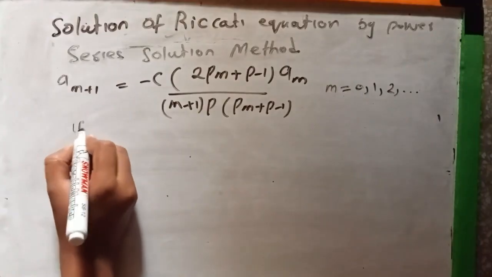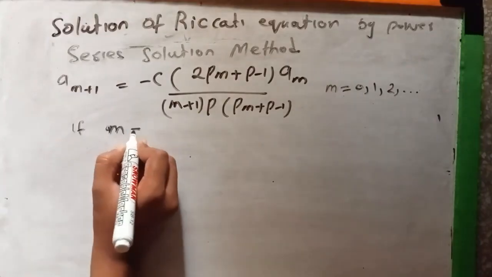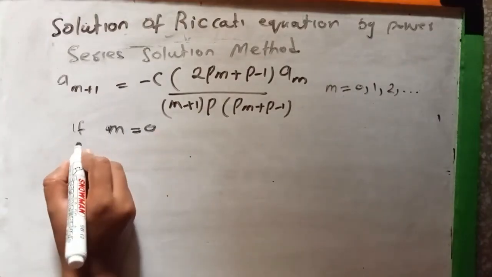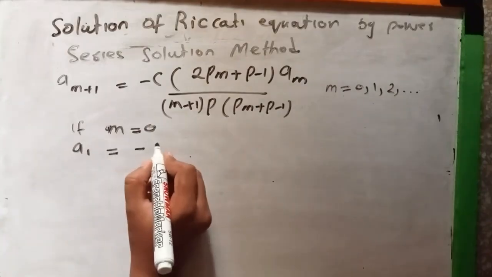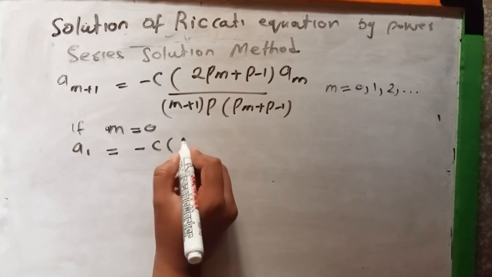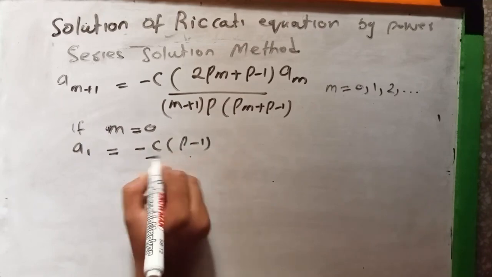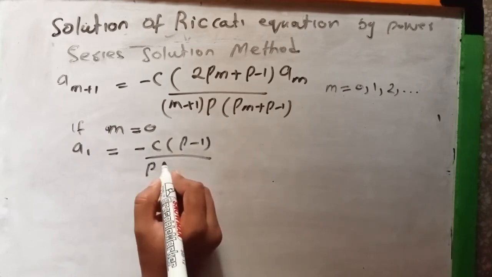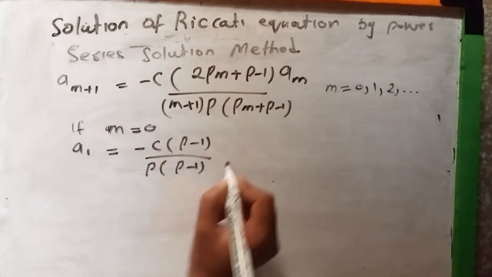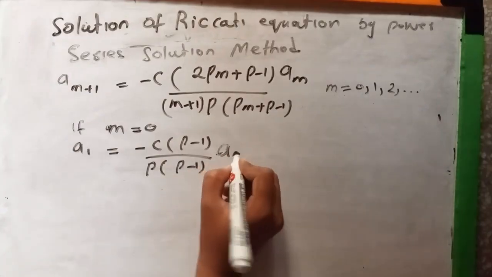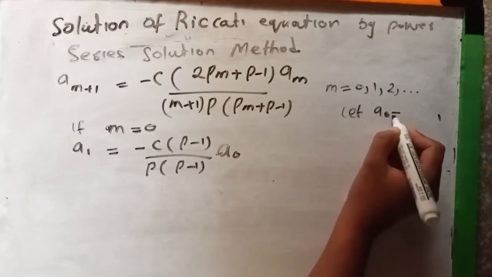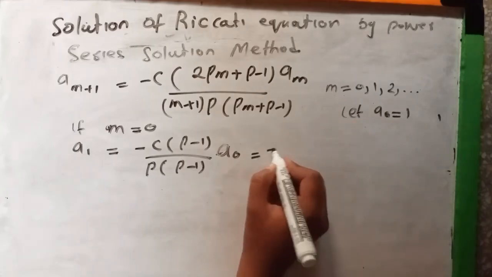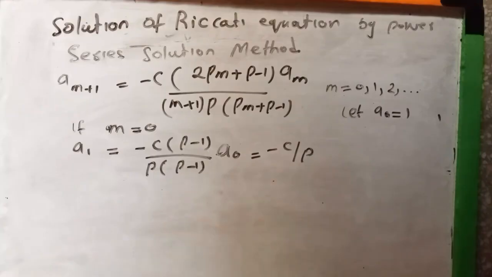If m is equal to 0, then a1 is equal to minus c multiplied by p minus 1 over p multiplied by p minus 1 times a naught. Let a naught be equal to 1, so this becomes minus c over p.